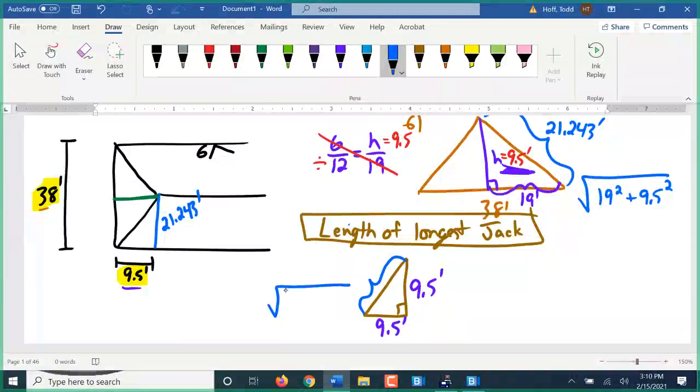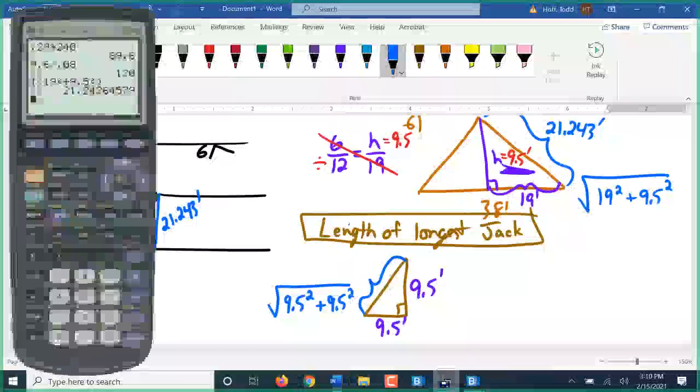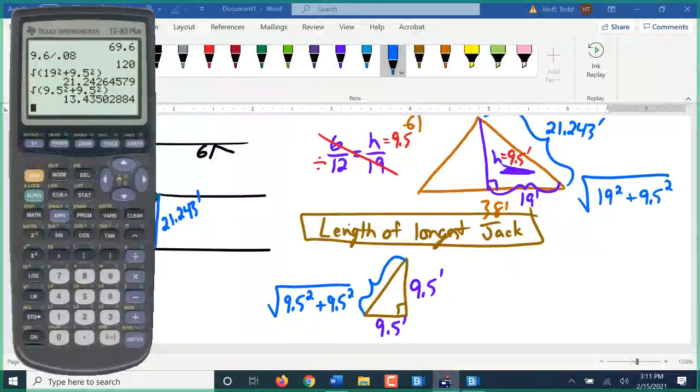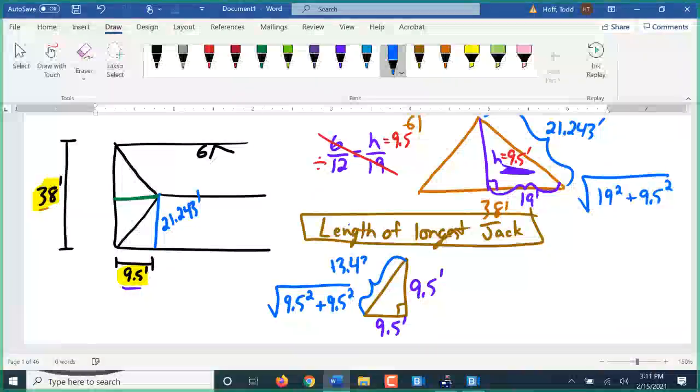Square root of 9.5 squared plus 9.5 squared, square root. 13.435. This here is 13.435 feet.